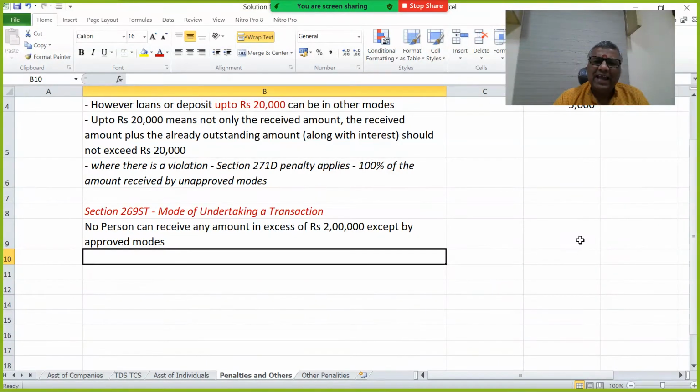No person can receive any amount in excess of 2 lakhs otherwise than by approved modes.